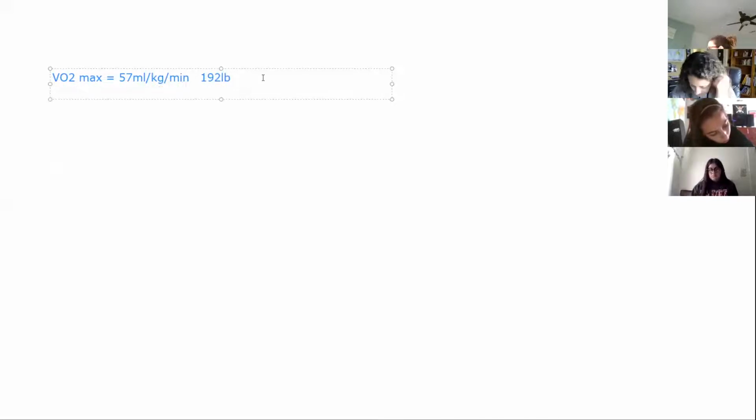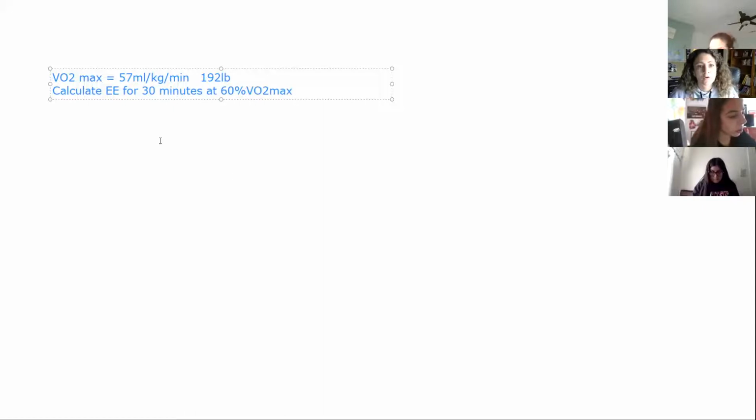VO2 max is 57 mLs per kg per minute. The weight is 192 pounds. I want you to calculate energy expenditure for 30 minutes at 60% of VO2 max.